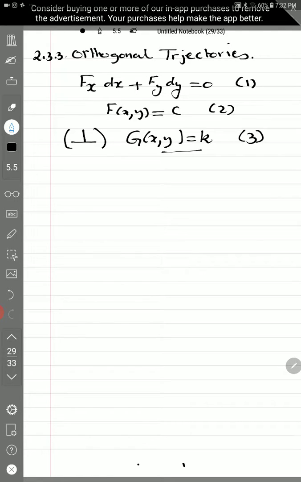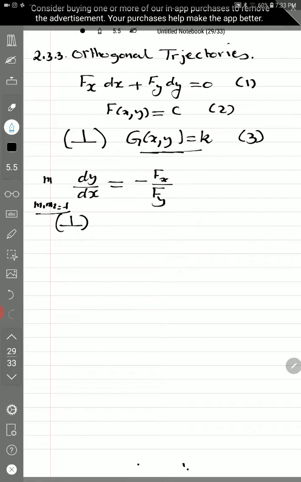Now to find this g, what do you do? You need to find the slope from equation 1, fx over fy, and then you find the orthogonal by using the product of the slopes, m1 multiplied by m2 equals minus 1, the orthogonality property.